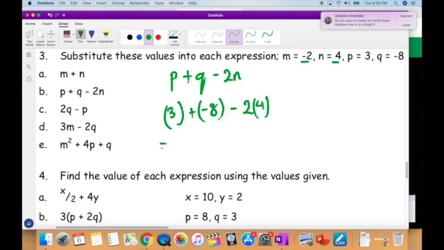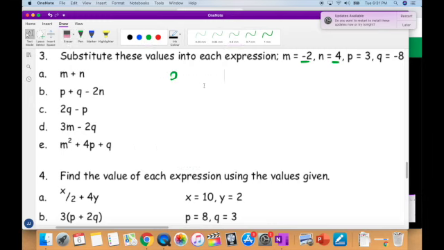And this will give me what? 16. So 4 2s are 8, and so 3 plus, well, I don't have to put that plus there because that negative 8 makes that 8 negative. So that's 3 minus 8. 4 2s are 8 minus 8. So that's 3 minus 16, which is negative 13. That's what you got? Yeah. Good job.